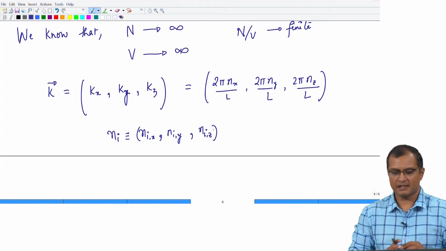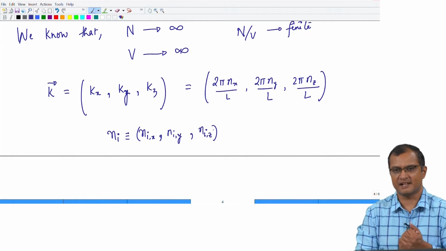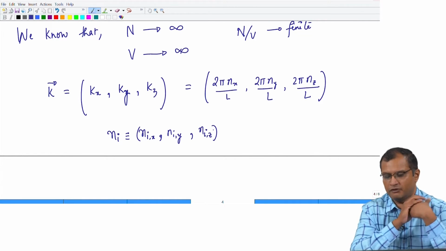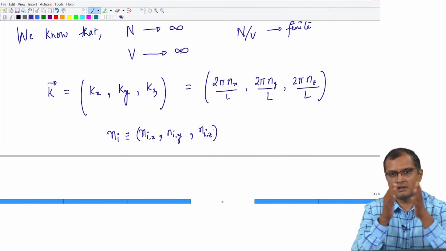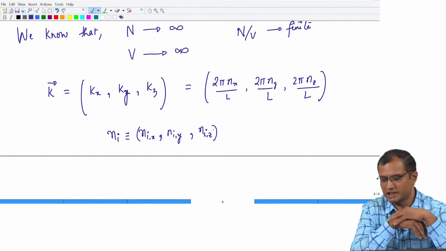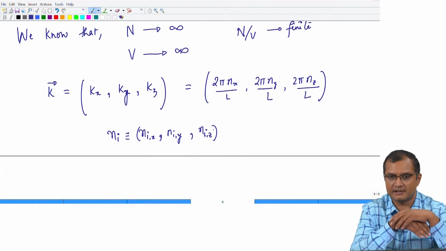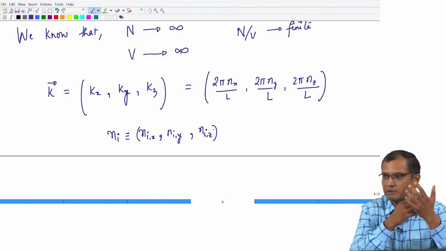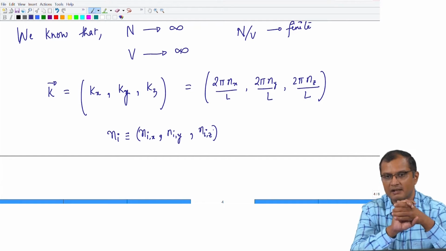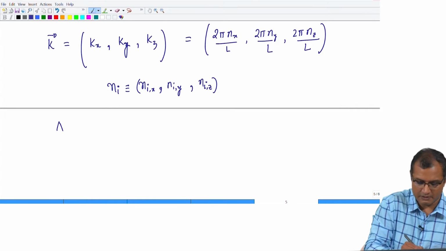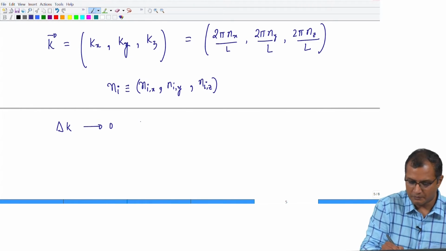So nx, ny, nz are the components of the excitation of any oscillator in the system. If you take this cell L to be very large, then your wave vectors k are very closely spaced, because the minimum wave vector is 2 pi by L into nx, 2 pi by L into ny and 2 pi by L into nz. So if L goes to very large, the delta k, the separation between your wave vectors, goes to 0.